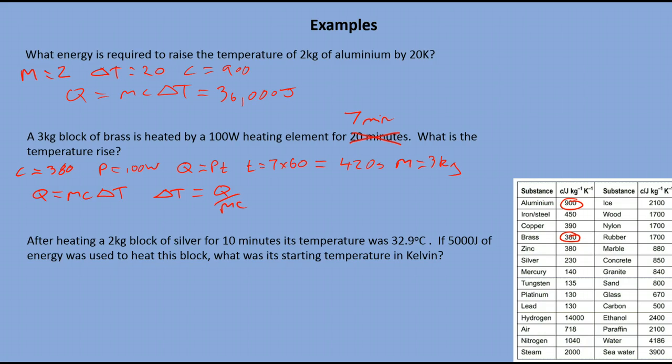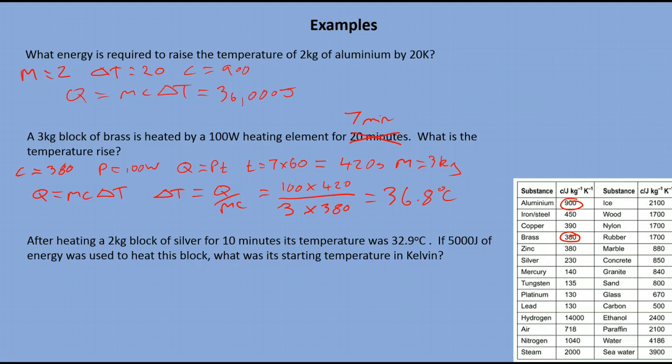When I plug in my numbers, I know that Q is equal to 100 times 420, and I know that my m is 3 and my C is 380. When you tap that out on your calculator, we get a temperature rise of 36.8 degrees C, or Kelvin.